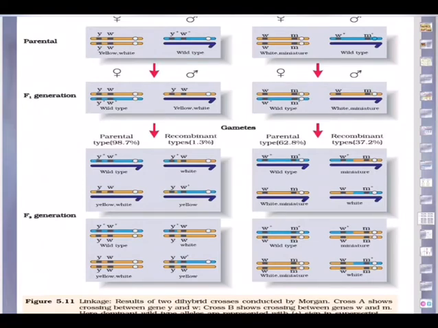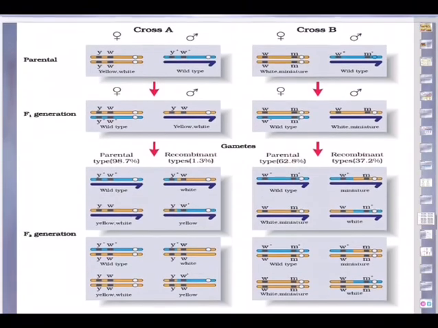So you got a wild type, white one, yellow white, yellow. In that if you see the parental combination, what is yellow white and wild type 1, wild type 2 and yellow white. So parental combination is becoming more, that's why it is to the tune of 98.7%.